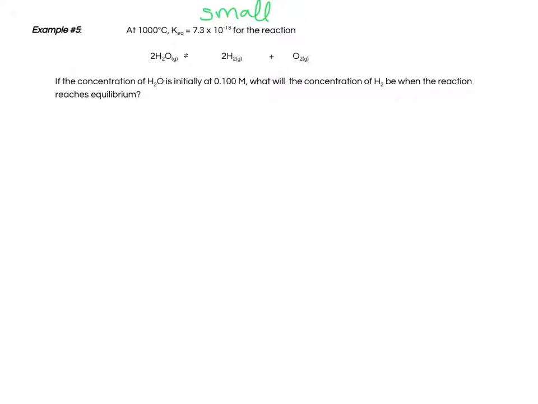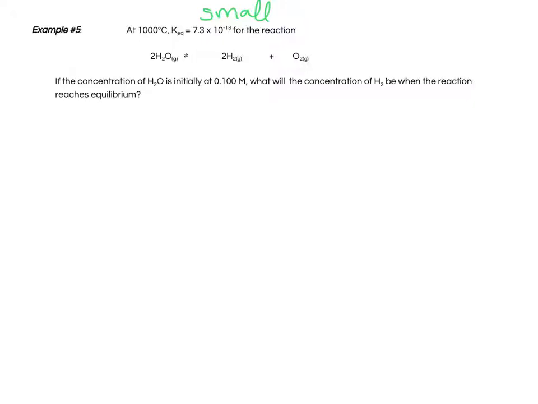So what does that tell me? It tells me that this reaction strongly favors my reactants, and that at the equilibrium position, the relative quantities or concentrations of my H2 and O2 gases are going to be quite small relative to the amount of H2O that will be present.